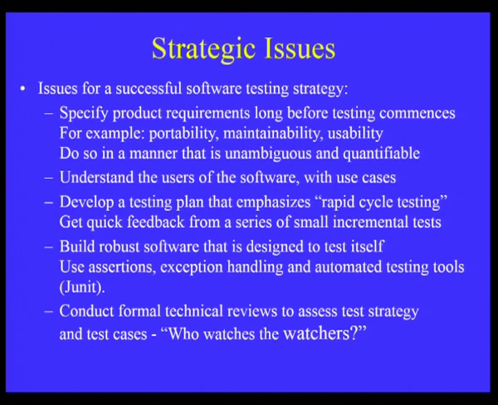Rapid cycle testing: build robust software that is designed to test itself. These are all very good ideas. Conduct formal technical reviews to assess test strategy and test cases: who watches the watchers? All these are very important ideas which are not so outlandish.